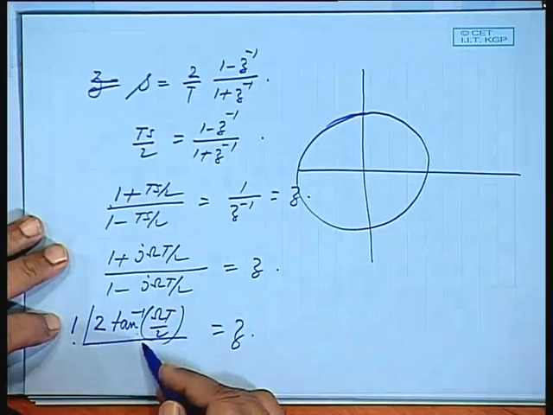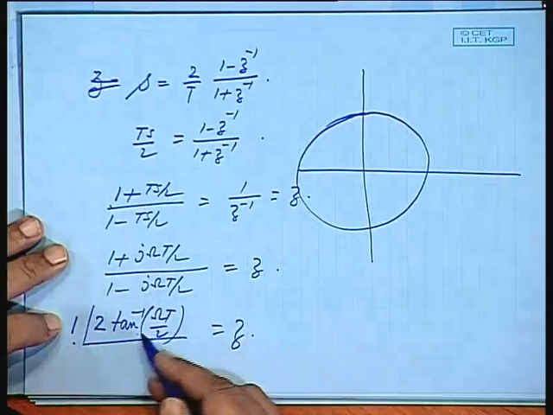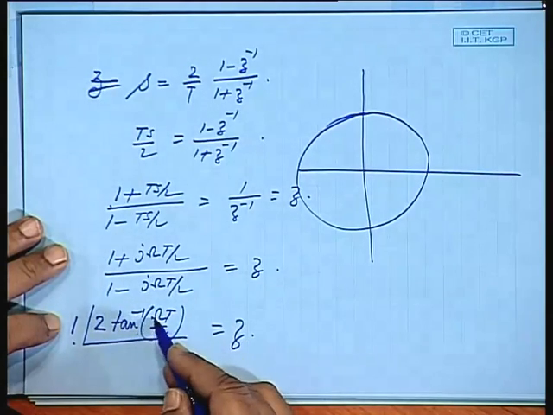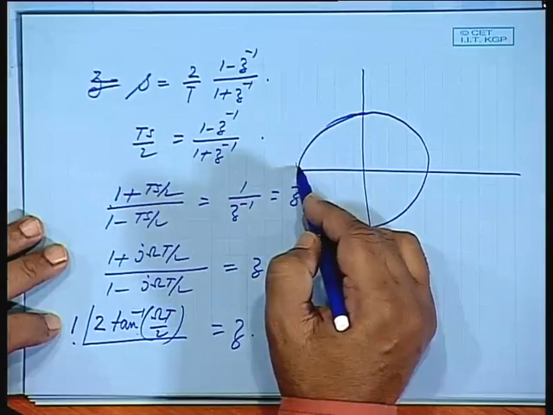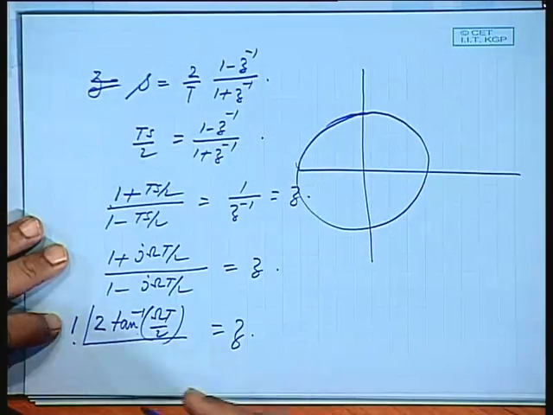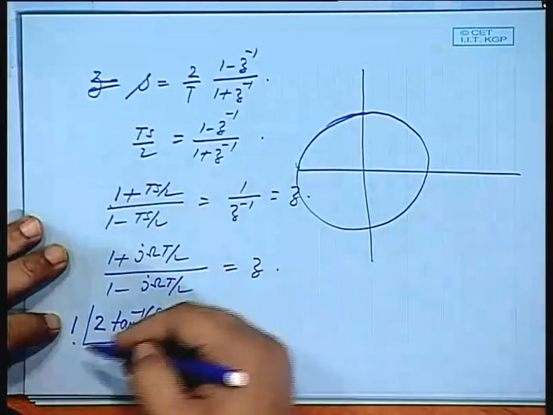Now, when I take omega tending to infinity, tan inverse will give me pi by 2, and 2 into pi by 2 will be pi. Similarly, from the negative side, if I go to minus omega, it will come from 0 to minus pi. So, this entire circle will be described only once under the bilinear transformation.